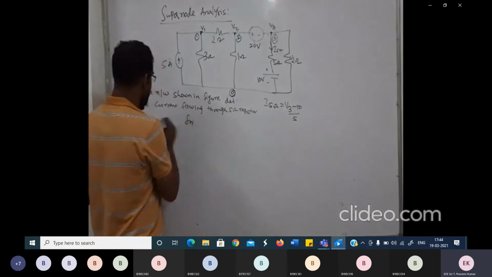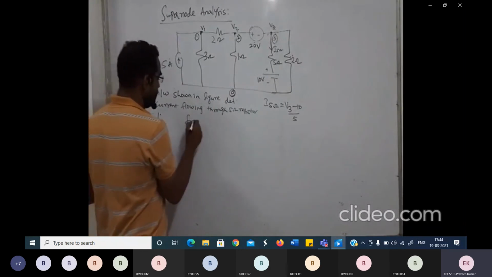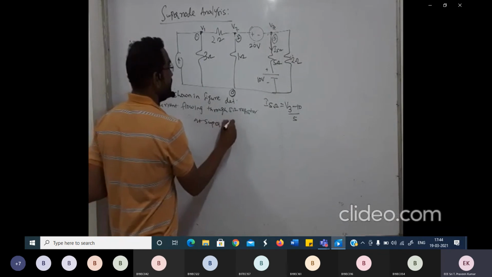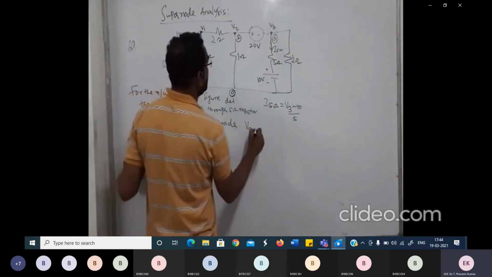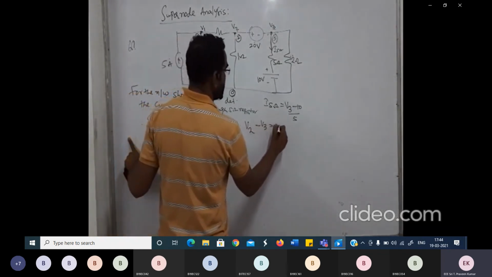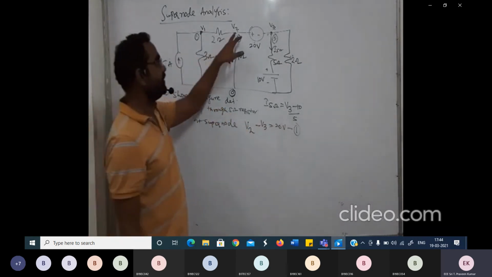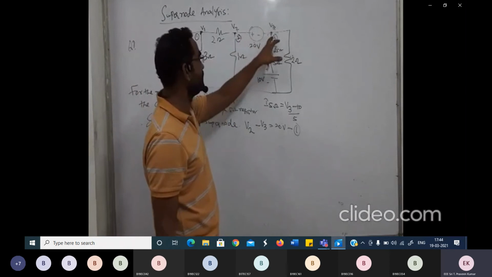So for this, because a supernode is formed between 2 and 3, at the supernode, V2 minus V3 is equal to 20 volts, which is given in the figure itself. Here this is V2, this is V3, this is node 2, this is node 3.